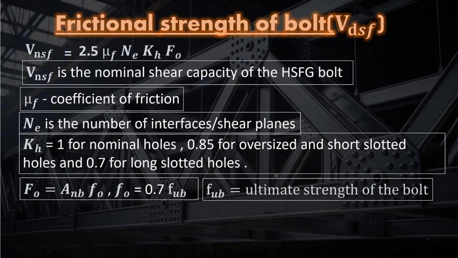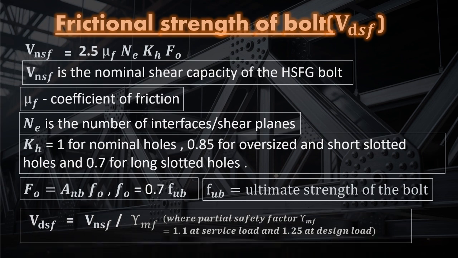Kh equals 1 for nominal holes, 0.85 for oversized and short slotted holes, and 0.7 for long slotted holes. F naught equals Anb F naught. F naught equals 0.7 FUB. VDSF equals VNSF by gamma MF, where partial safety factor gamma MF is 1.1 at service load and 1.25 at design load.